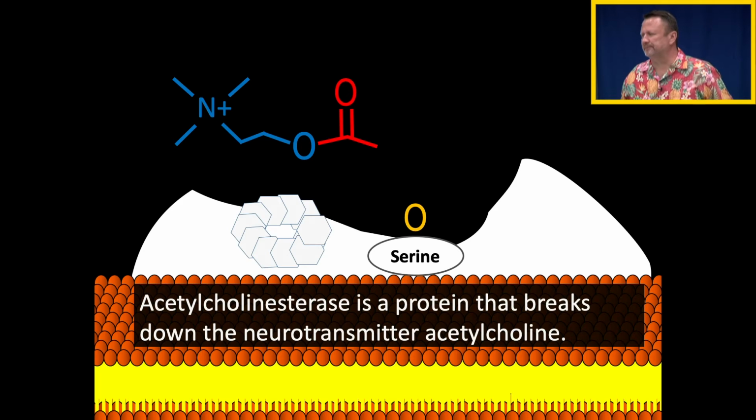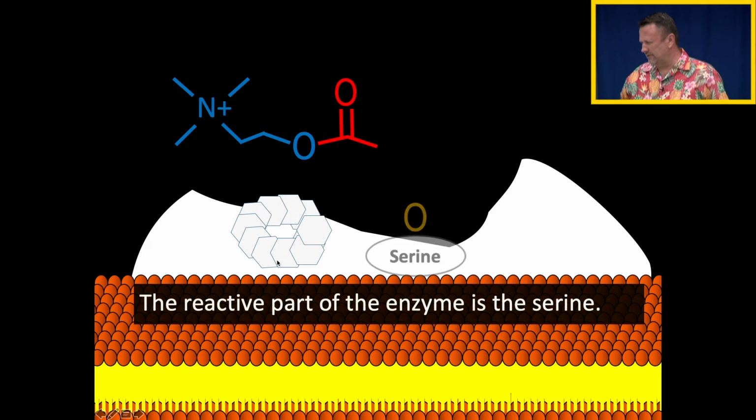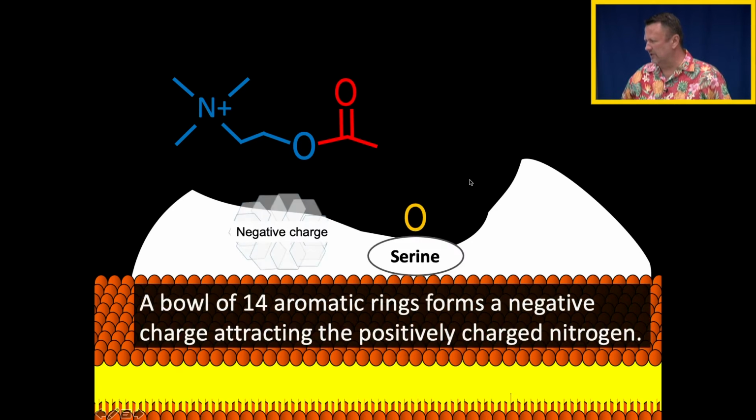So here's my acetylcholinesterase sitting in the membrane-bound protein. In this long chain is the amino acid serine putting its hydroxide group up into the active reactive group like a knife edge. Oh, there's my serine. It's the reactive part, my little knife edge.